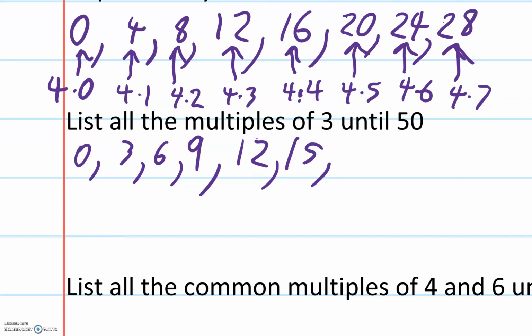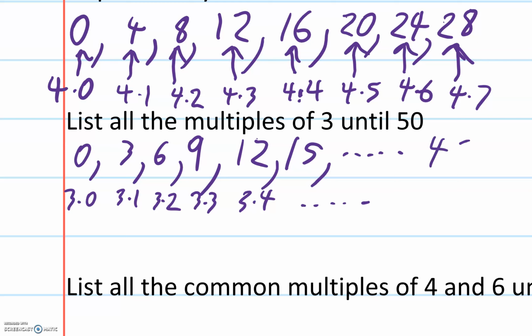Every time you add 3, you can look at it that way, or you can do the same sort of thing: 3 times by 0, 3 times by 1, 3 times by 2, 3 times by 3, 3 times by 4, etc., dot, dot, dot, all the way until 50. Okay, so if you actually try this, the last one should be 48.